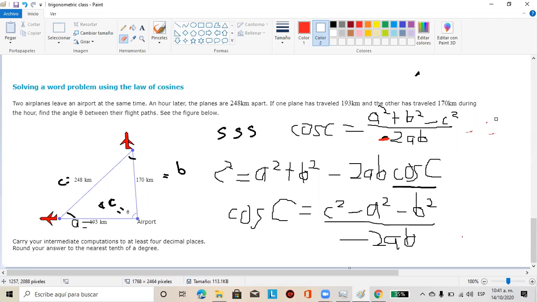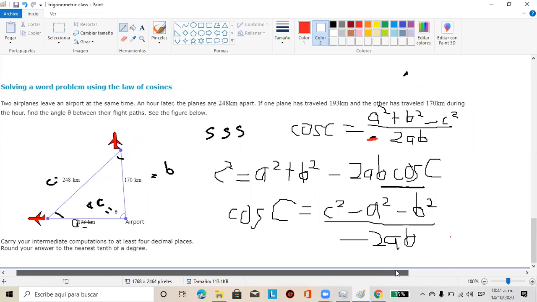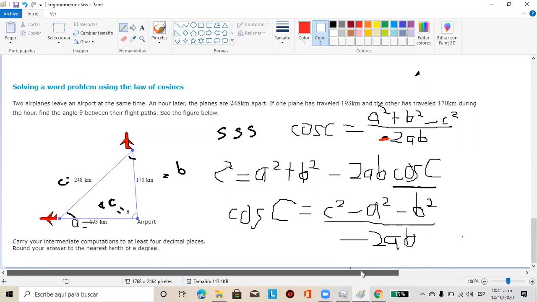So we have that C is equal to 248 kilometers, that A is equal to 193 kilometers, and that B is equal to 170 kilometers.